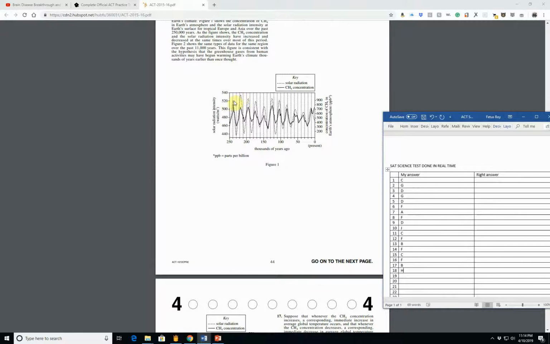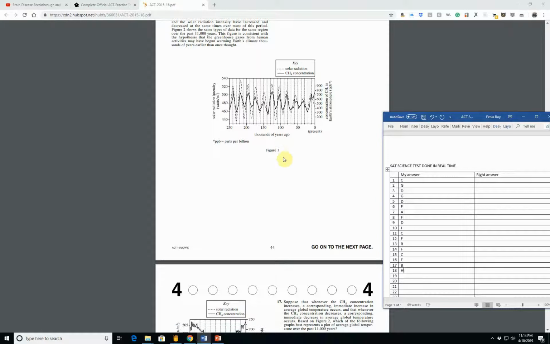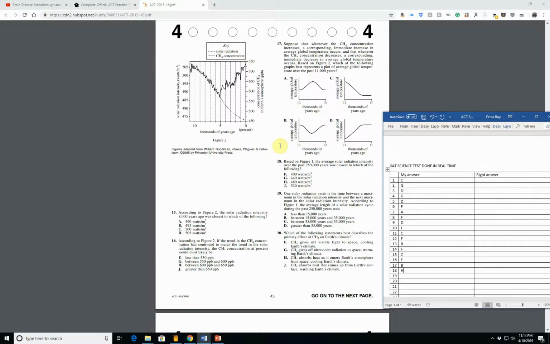Roughly 20,000 years. Maybe 25. So B. All right, that's pretty safe. Between 15 and 35,000 years.